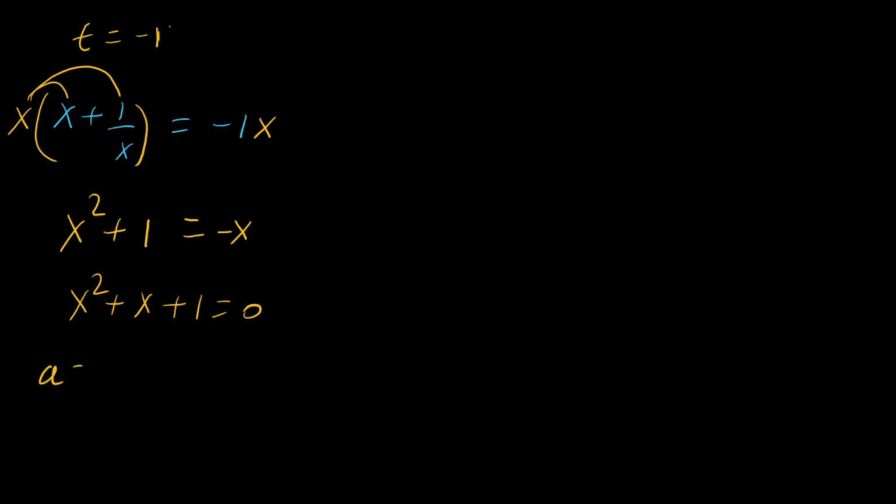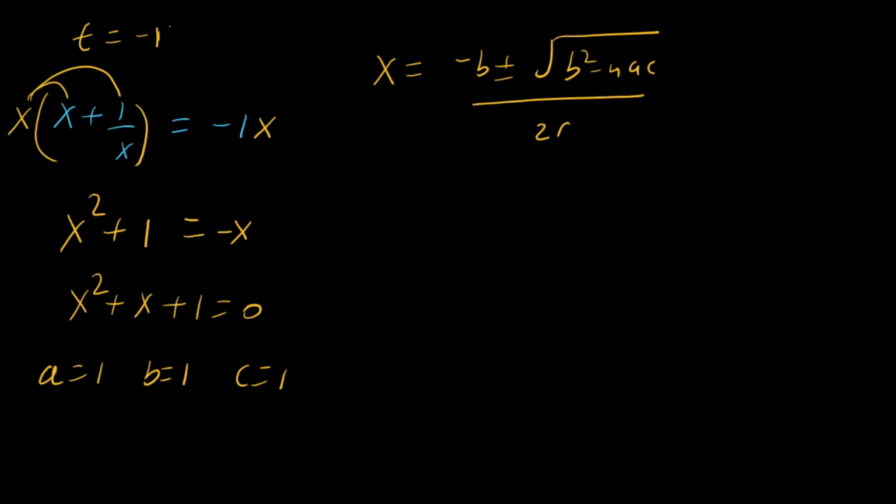Here we will apply the quadratic formula. Now the value of a is 1, b is 1, and c is 1, and we know that the quadratic formula is x is equal to minus b plus minus square root of b square minus 4ac, divided by 2 times a.